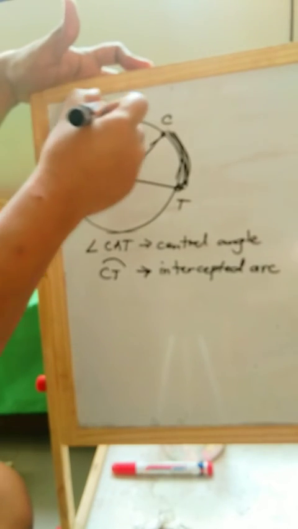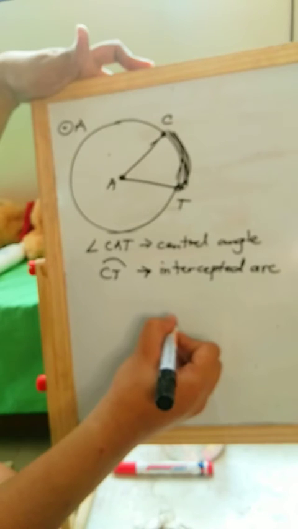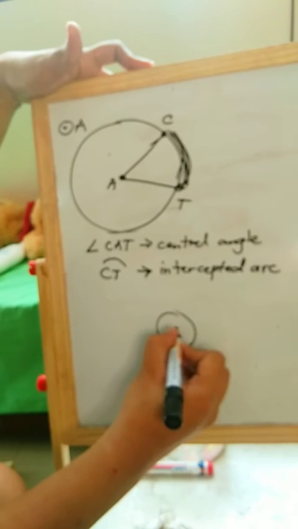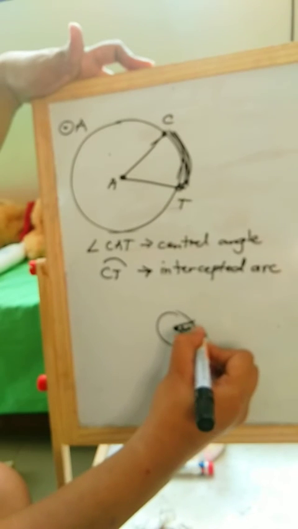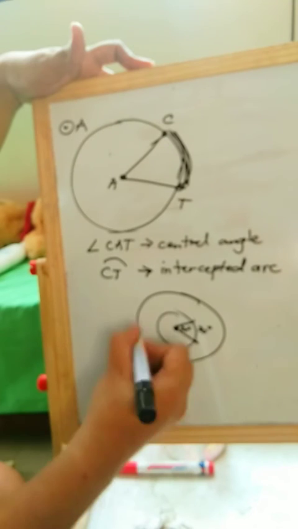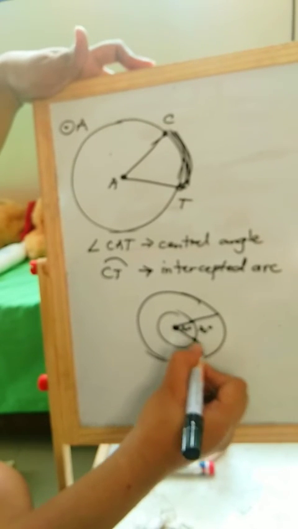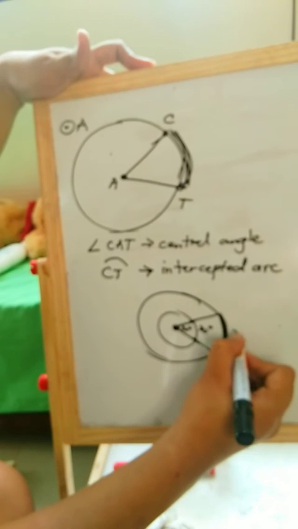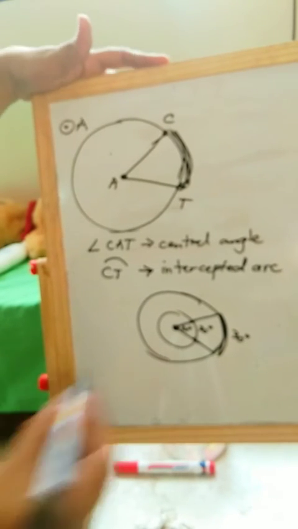Now, you may be wondering, sir, kahit po ba kalaki yung circle kasi yung iba mamimiloso po. For example, if your angle here measures 30 degrees, this arc here also measures 30 degrees. If you're going to draw another circle whose center is still here, and you will project an arc here, this also measures 30 degrees. Eh sir, bakit po magkapareha sila ng sukat?